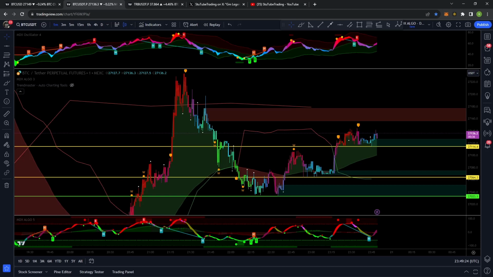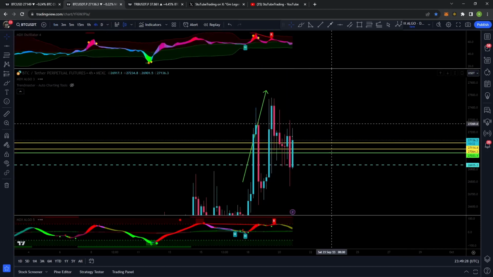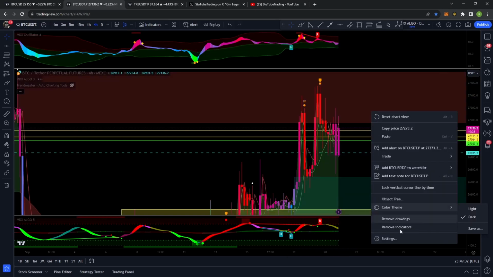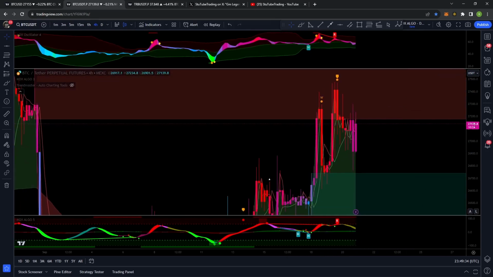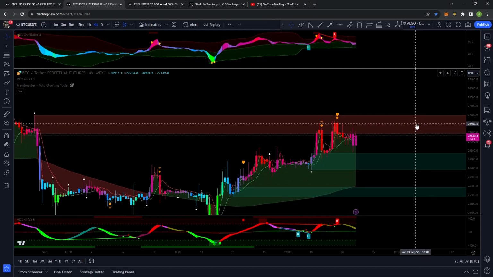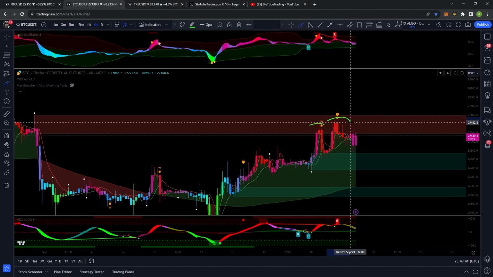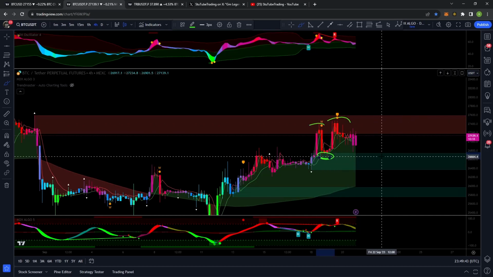Further out, how do the higher highs and lows look? I was looking at the 4 hour, or I guess the signal higher highs and higher lows. I'm just going to remove all my drawings. I was thinking that we'd get this higher high, and we would have this higher low here.